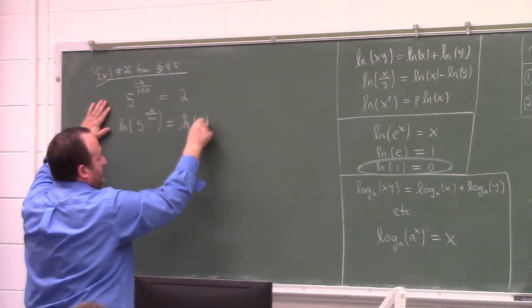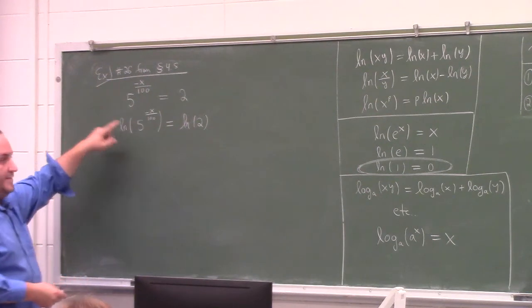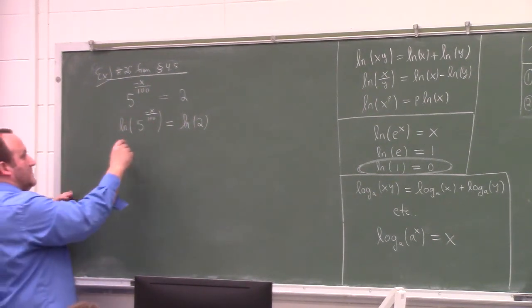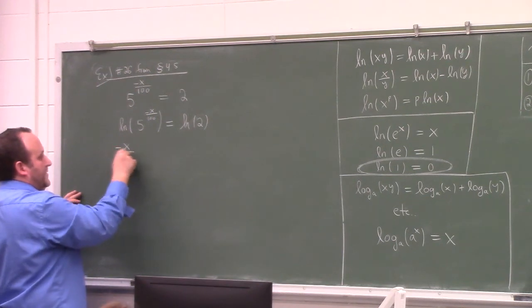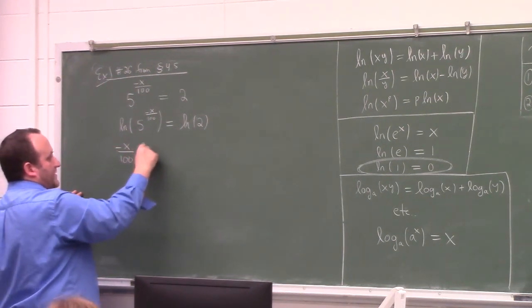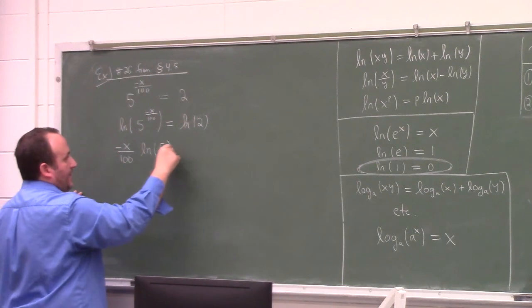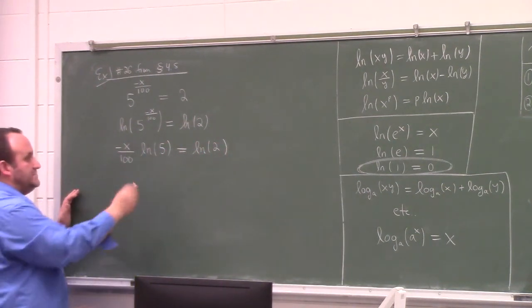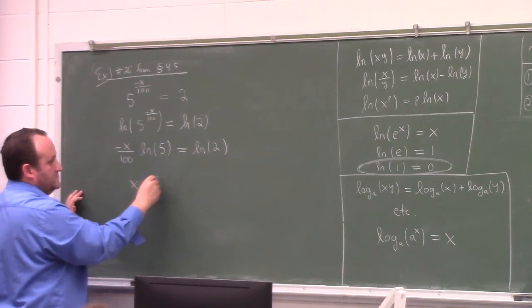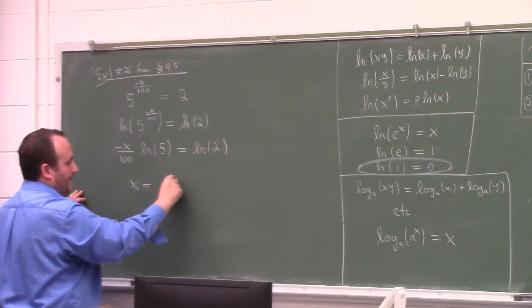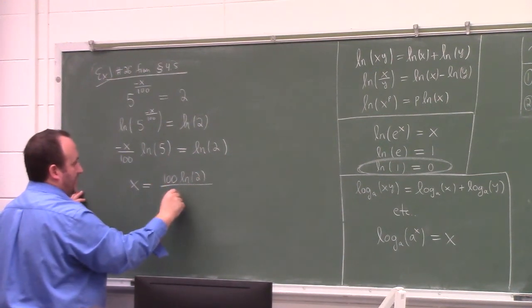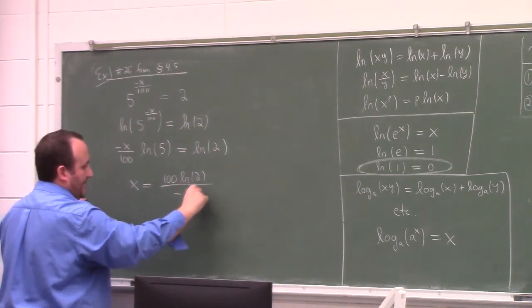Well, natural log of 2, we're pretty much done there. And this one, we can pull out the power, right? So we have minus x over 100 times the natural log of 5 equals the natural log of 2. Solve for x. X is 100 natural log of 2 divided by minus the natural log of 5.